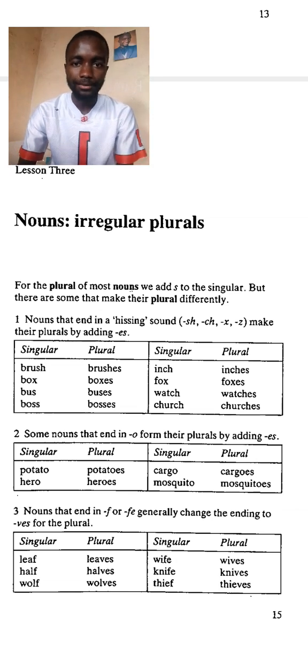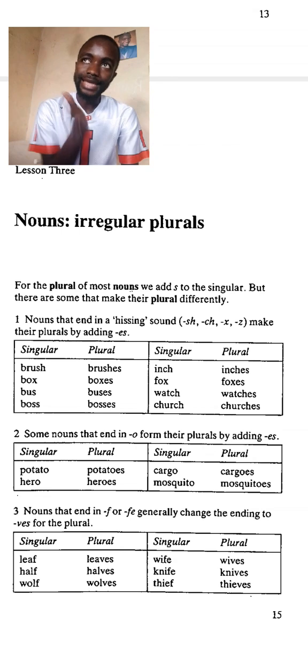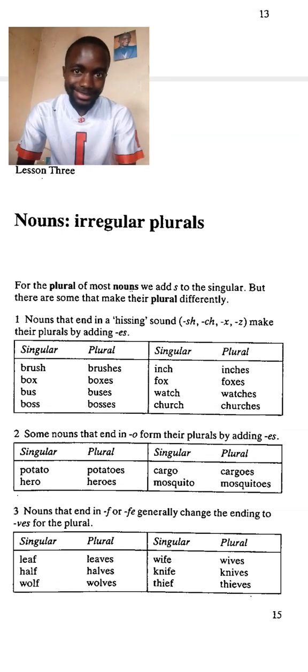So how do we make this word plural? The word tells you, hey, I am not a regular noun, okay? I am an irregular noun, so you get to change me differently, okay? You get to make me plural differently. How? You have to add es to me because I end in sh. It's like the words are talking to you. These are the rules.